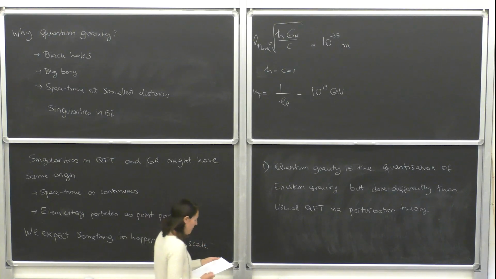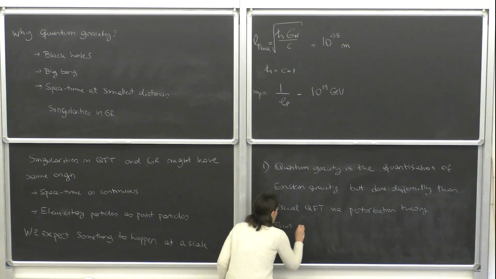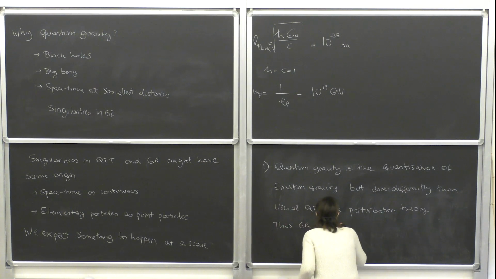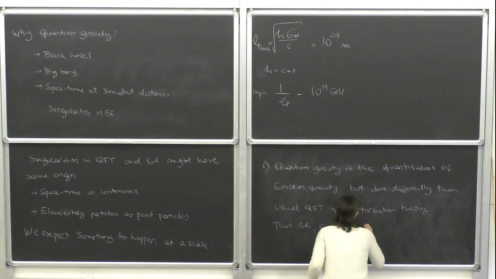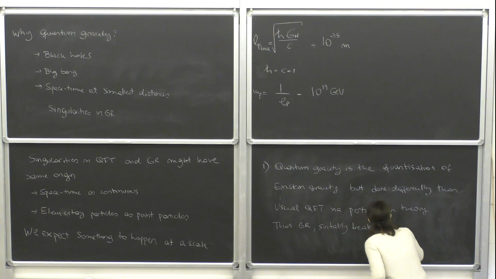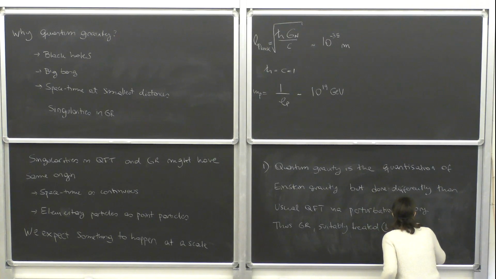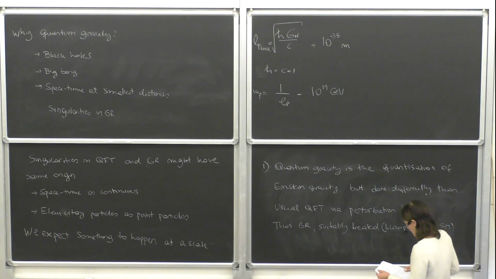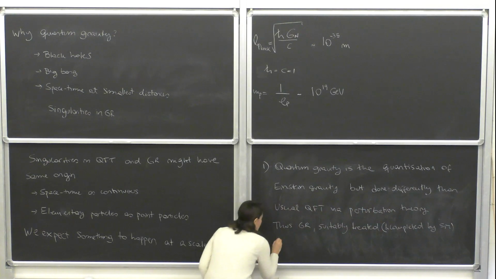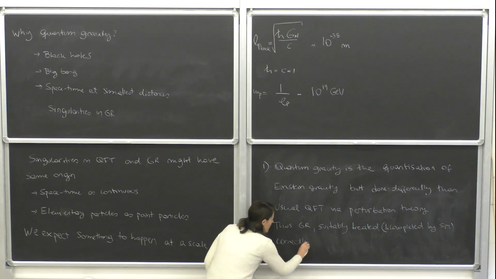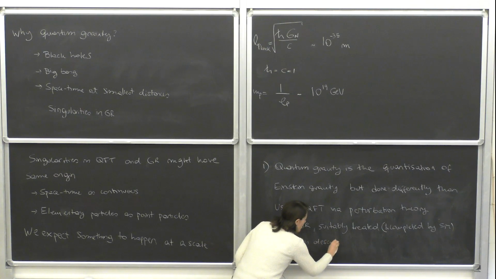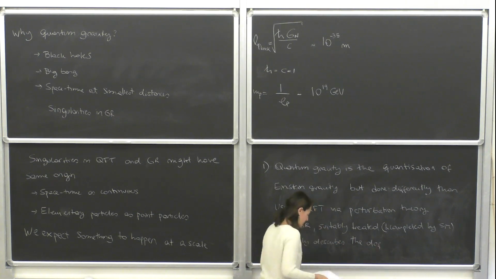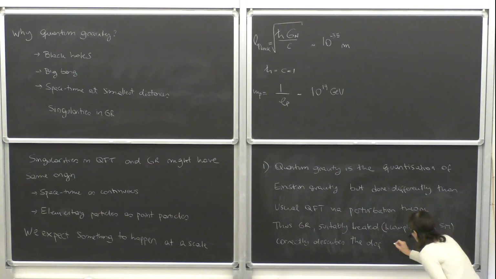But here, GR suitably treated and completed by the standard model correctly describes the degrees of freedom, also at the smallest scales.